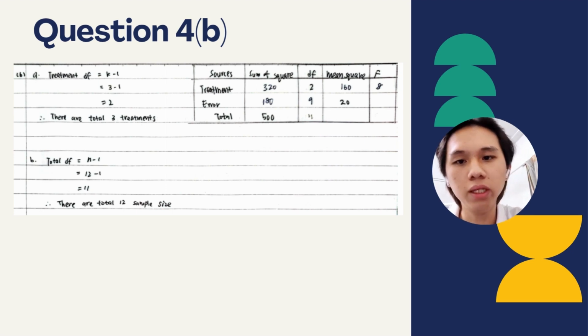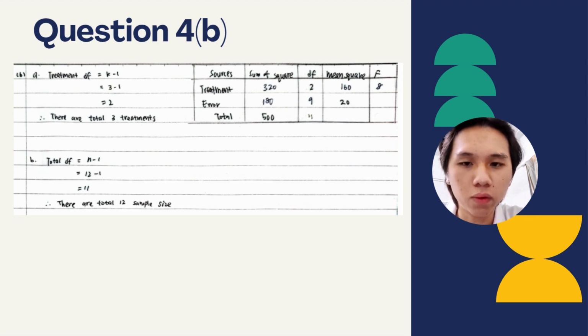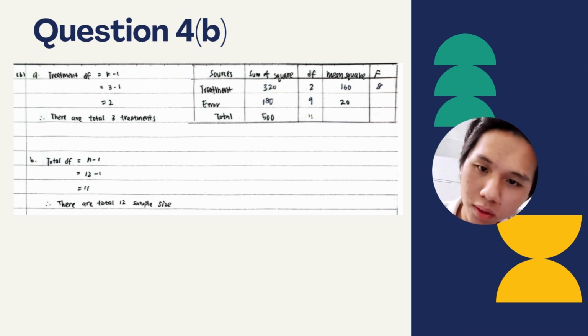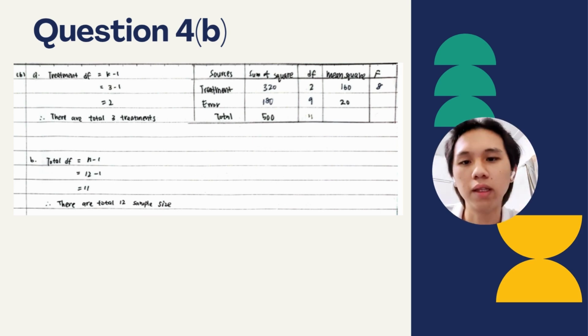For question B, the total degree of freedom is equal to n minus 1, and we are given 11 as the total degree of freedom. So 12 minus 1 equals 11, and the sample size in the question is 12.